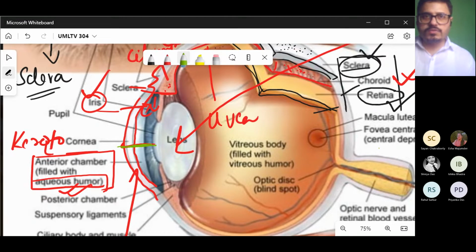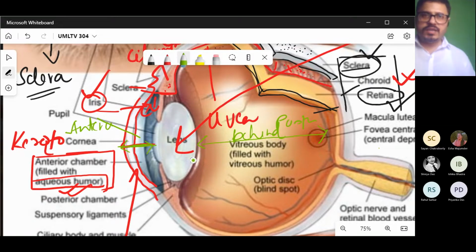With this green color, I am showing you the stretch that is present in front of the lens, and with the same green color, another stretch that is present behind the lens. So the lens, being present somewhere in the middle, divides the entire space of the eyeball into an anterior part and a posterior part.